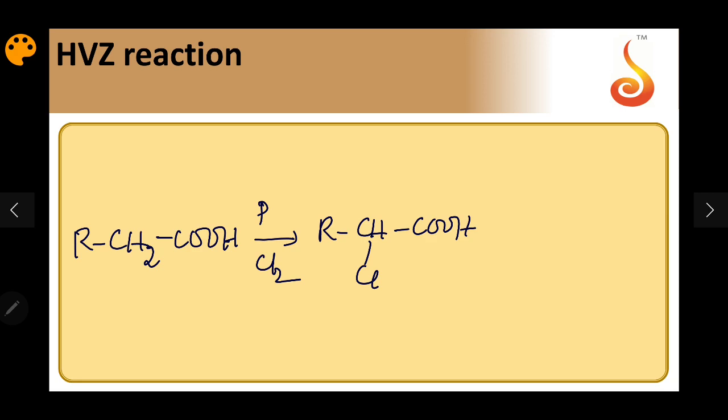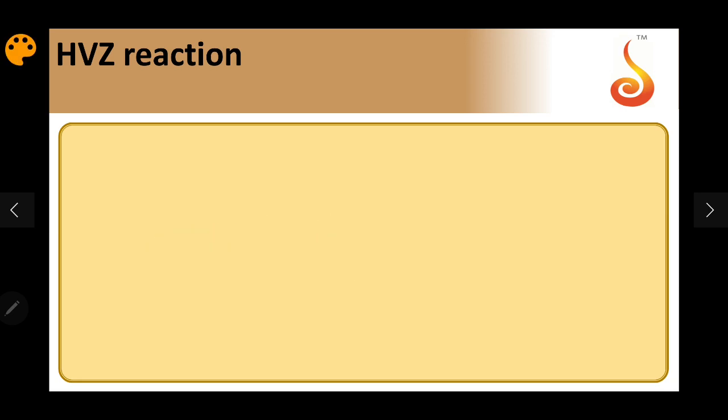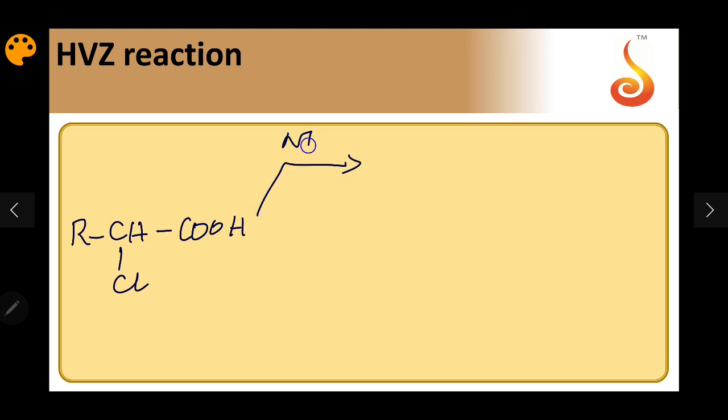Let us see how it can be done. I'll take the first compound, RCHCl COOH. If I react this with, say, ammonia, I can convert this into RCHNH2 COOH. It is an alpha amino acid.